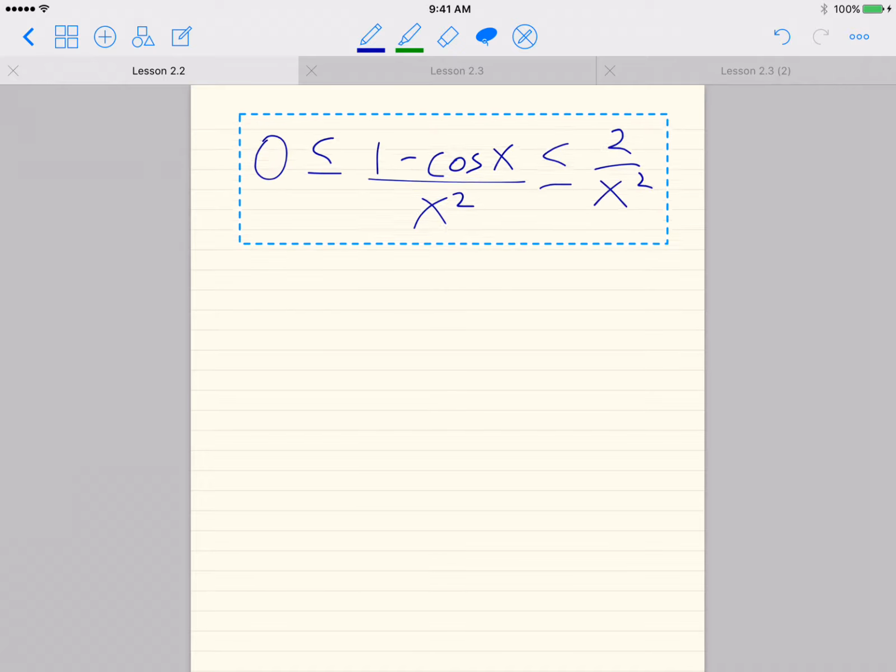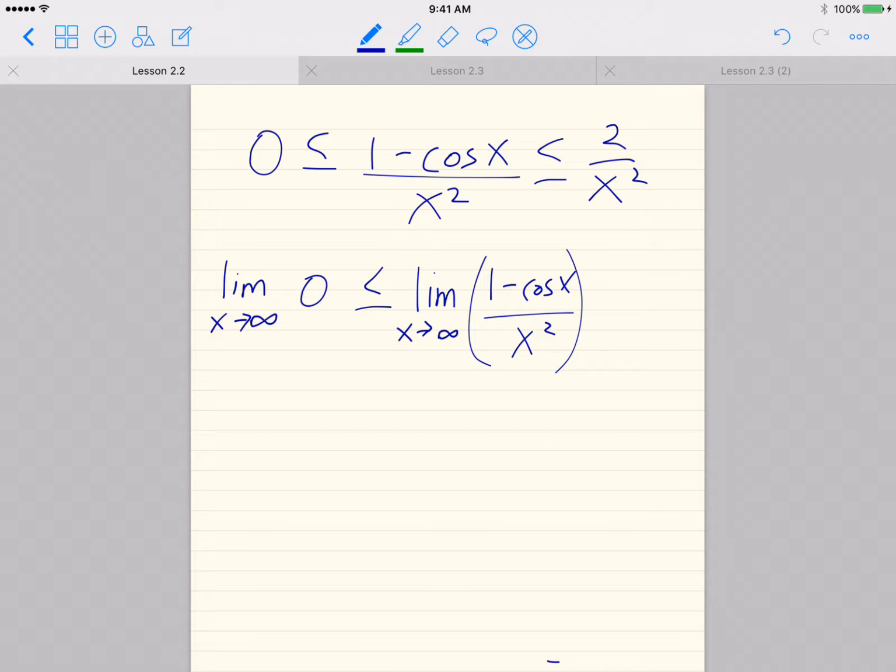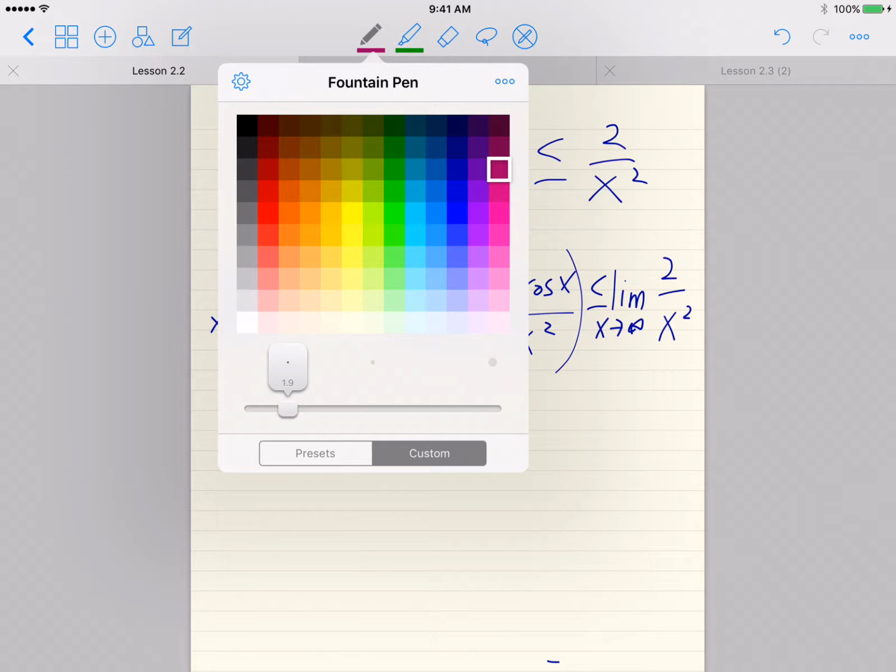So now I'm ready to use the concept of the limit and the squeeze theorem. If the inequality holds true, then the limit should hold true as well. So limit as x goes to infinity: 0 should be less than or equal to the limit of our middle expression, which in turn should be less than or equal to the limit of 2 over x squared as the x value approaches infinity.